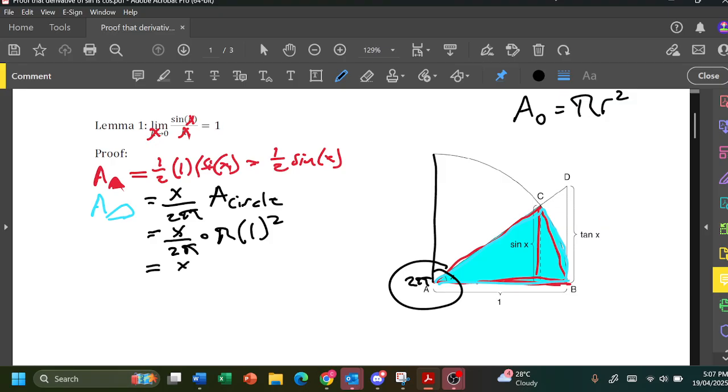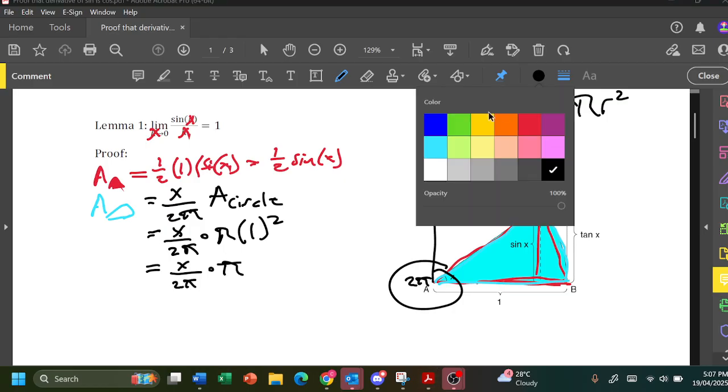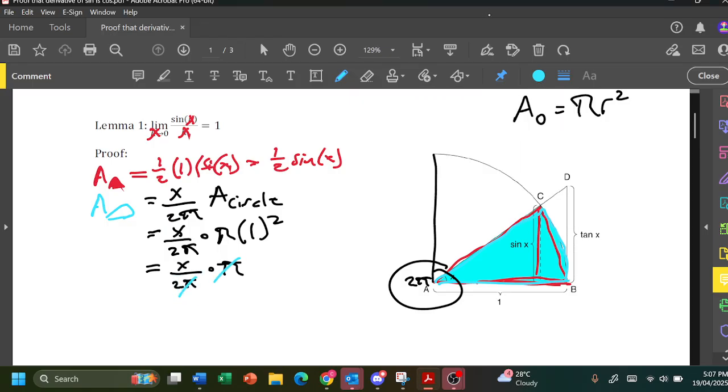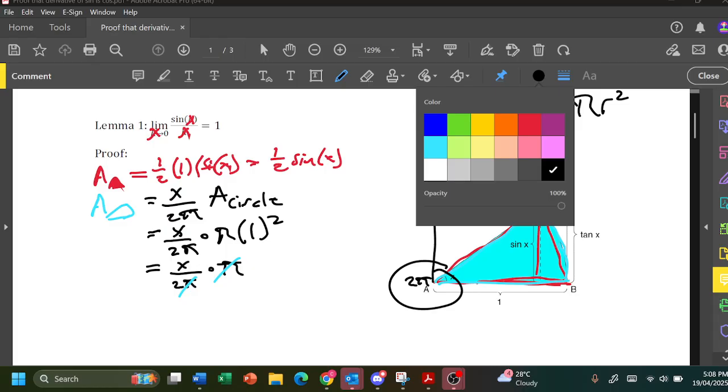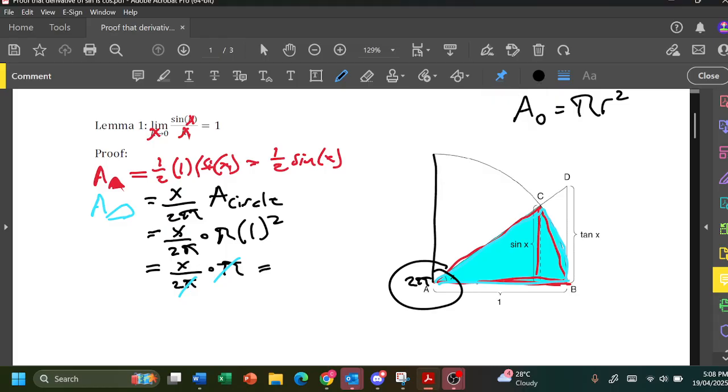So that leaves us with x over 2 pi times pi, and we have a pi at the top and a pi at the bottom, so they conveniently cancel out, and we're left with the area of that wedge being x divided by 2.